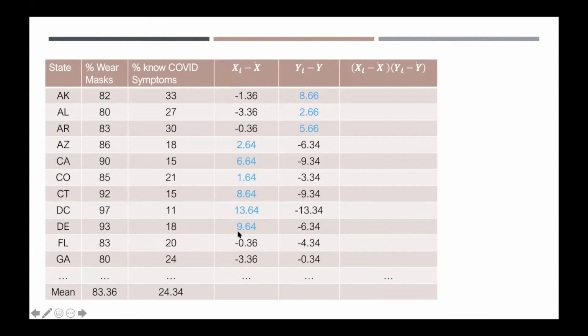And when mask wearing was greater than average, most of the time, COVID symptoms were less than average. And so we can see right away that negative values of one variable tend to be associated with positive values of the other, meaning when mask wearing is less than the mean, COVID symptoms are greater than the mean. And when mask wearing is greater than the mean, COVID symptoms are less than the mean.